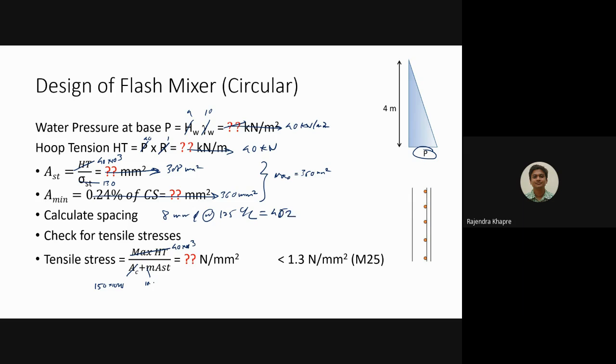M is 10.98, I suppose, and this is 402. How much is this coming? 0.26, a very less value.